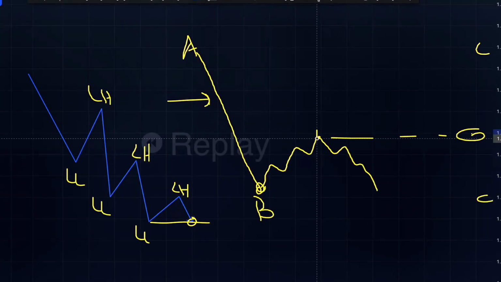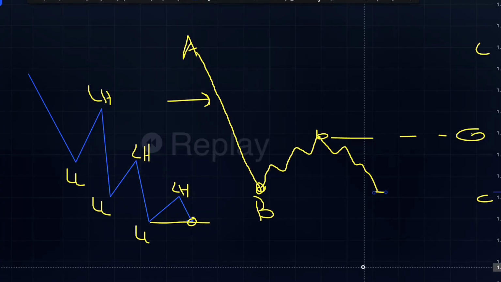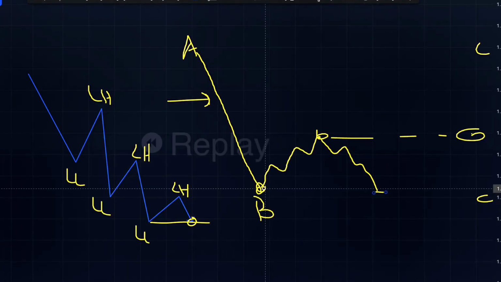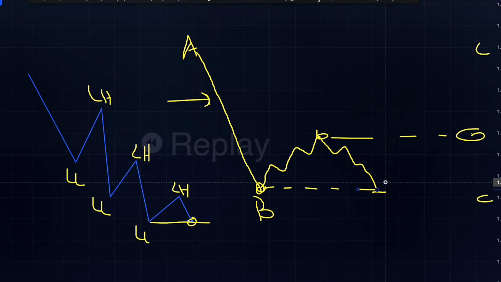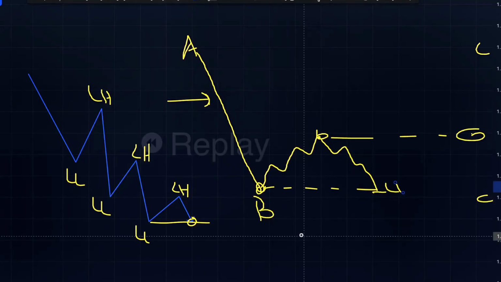This price was unable to make a new lower low so the market could continue down. Instead, it makes an equal low at this level. And this is what we call the double bottom. And this is the strategy that we're going to try to use in this video to trade.